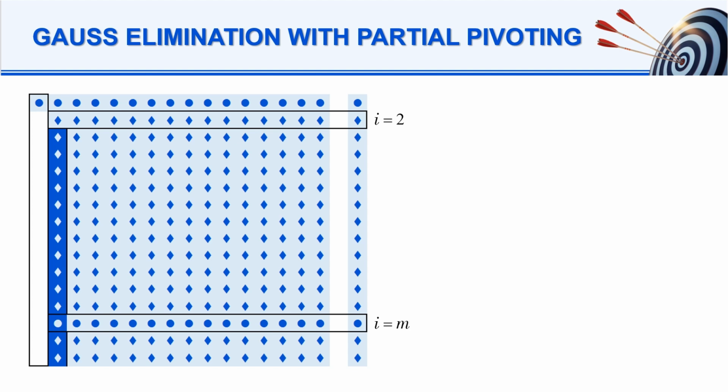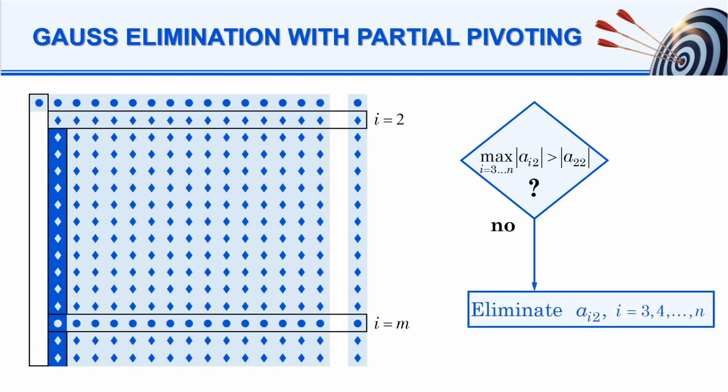Moving to the second column, we search for the largest absolute value in this column from the third row to the last. If A22 is already the element with the largest magnitude, we will carry out the elimination of the elements below the pivot from rows 3 through n, as in the usual Gauss elimination algorithm.